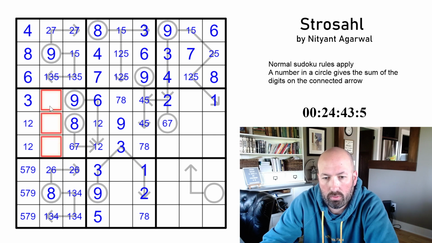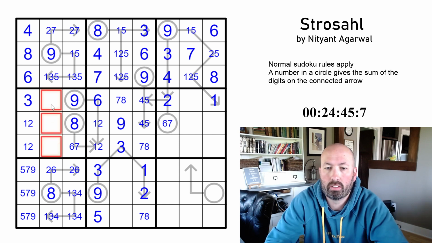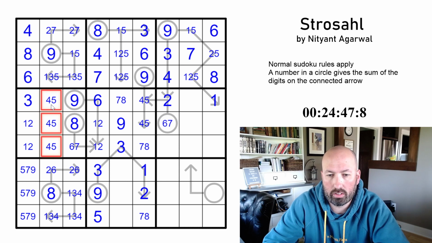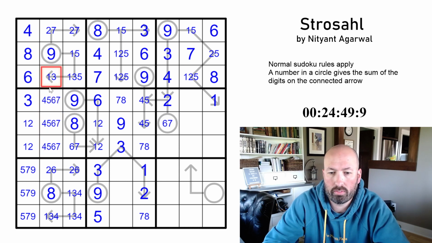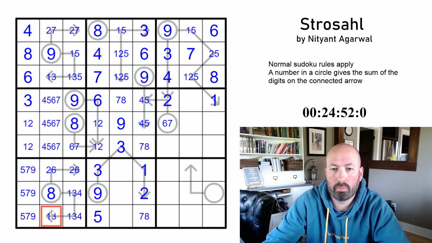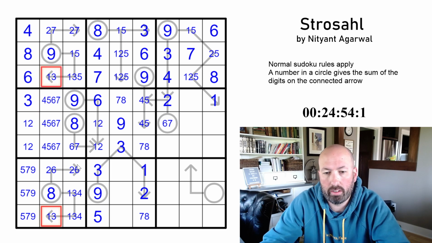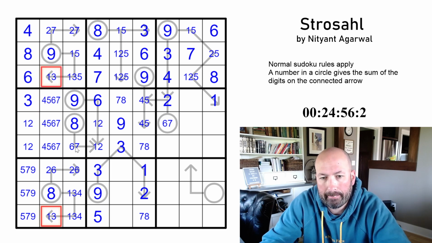These are going to be 4, 5, and 6 or 7. So the 5 is eliminated, the 4 is eliminated. We've got a 1, 3 pair here now. So there's definitely a 5 in here. There's definitely a 4 in here.